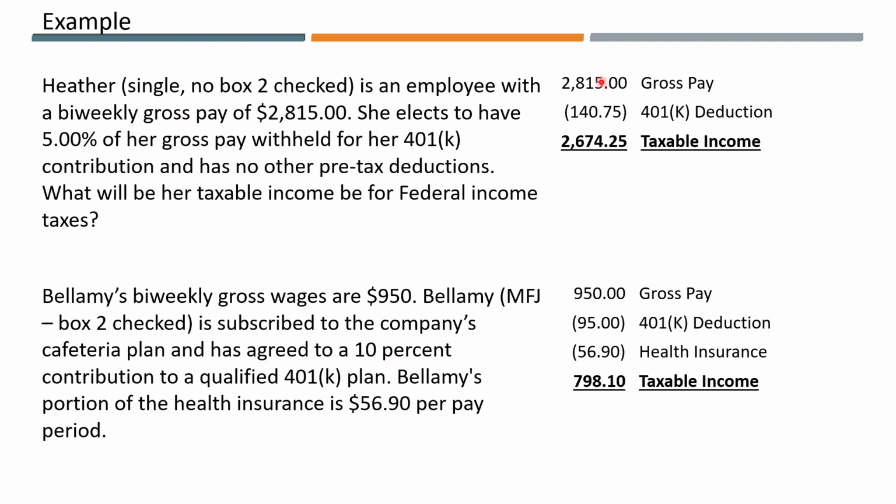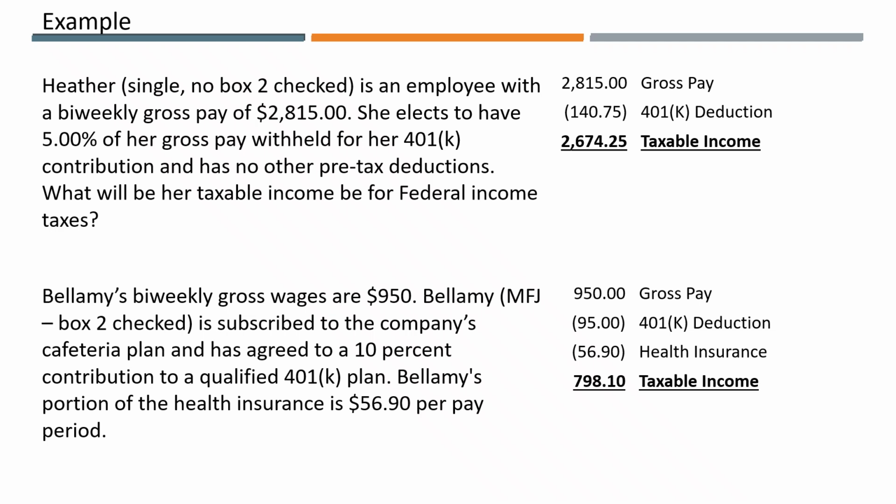We start with a gross pay of $2,815 and then calculate the 401k deduction, which is $2,815 times 5% or $140.75. Subtract the pre-tax deduction from the gross pay, which results in Heather's taxable income of $2,674.25.